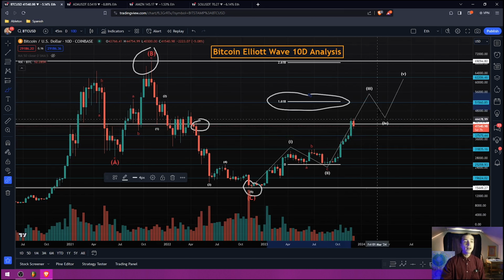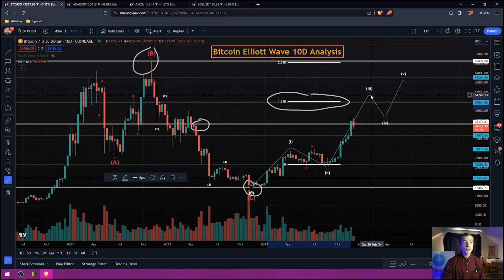And you can see that we have not reached that level yet, so it's pretty unlikely that wave 3 is complete, even with this little drop from 44,000 down to 41,000 over the past few days. So you can see here that this Elliott wave 3 statistically leads up to about 51,000 per coin, or the 1.618. That's the area we're watching, the 1.618 level.